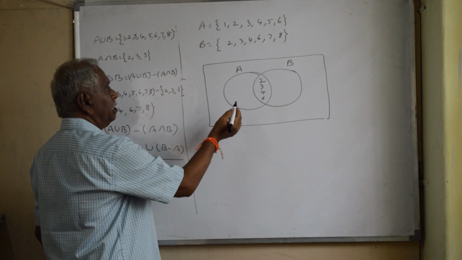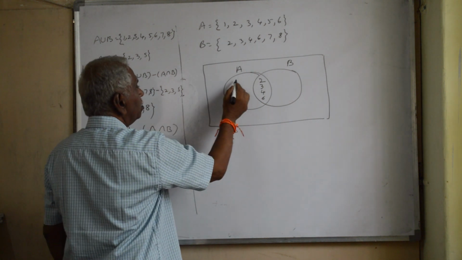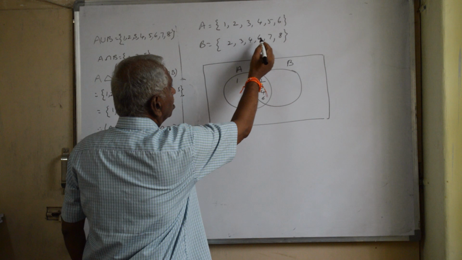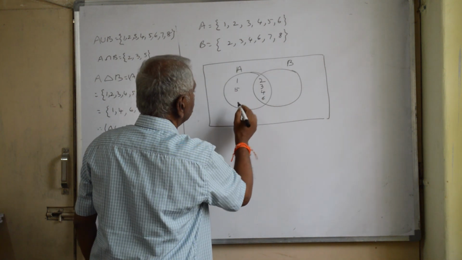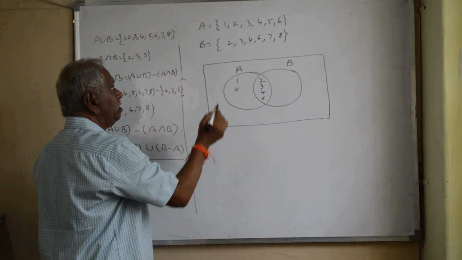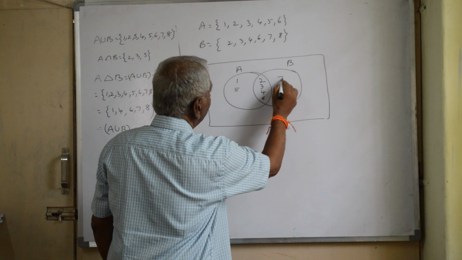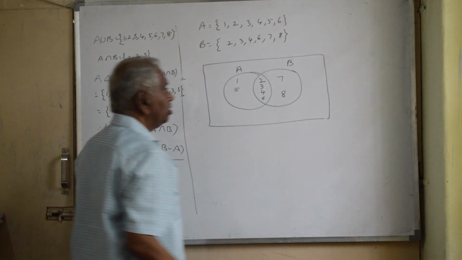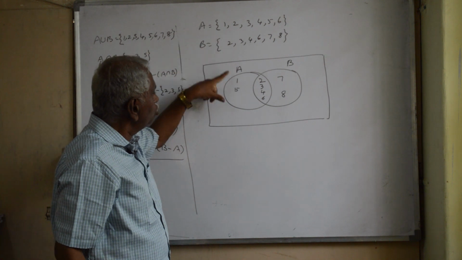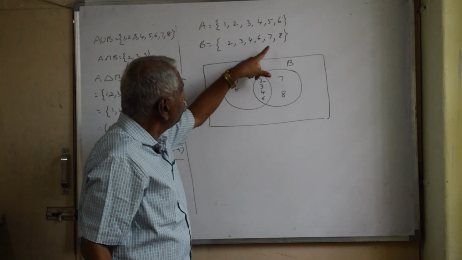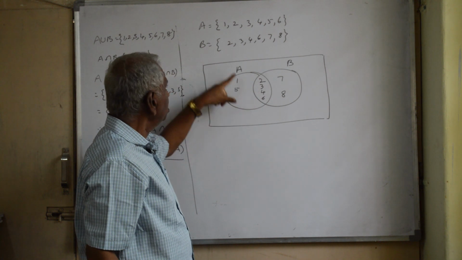So apart from that, what are the remaining elements of A? 1 and 5. The remaining elements of B are 7, 8. 2, 3, 4, 6 are common elements.